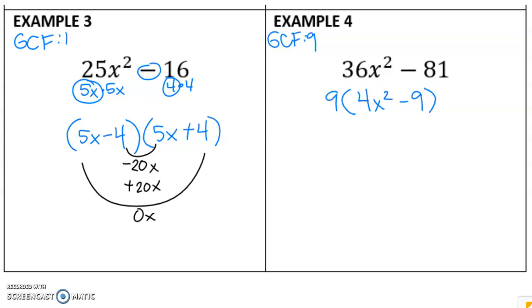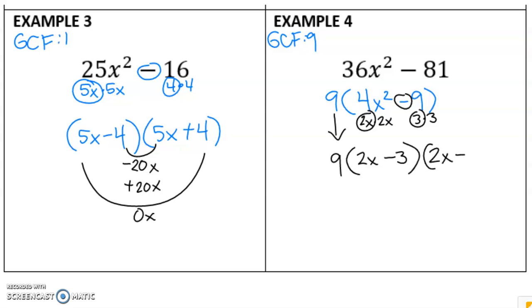That 9, I need to keep it. That's its job. 4x squared is 2x times 2x. 9 is 3 times 3. It is subtraction. So now I have my pieces. 2x minus 3, 2x plus 3. That would be my factored form. Don't lose that 9 at the very beginning.